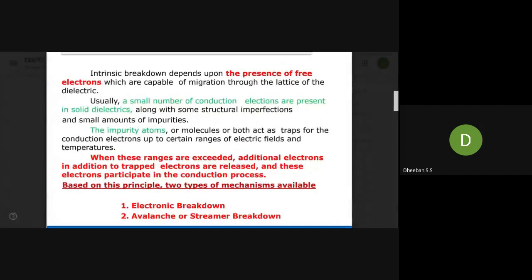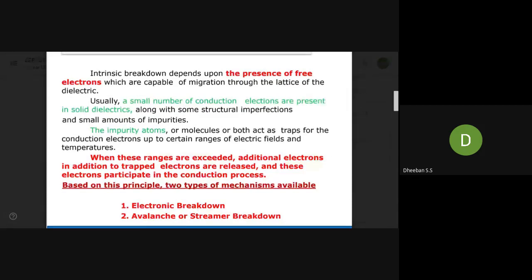If there is a presence of free electrons in the valence shell, there is still more possibility to conduct the breakdown. That is, the breakdown will be much easier. The probability of the breakdown occurring will be much higher if there are free electrons.